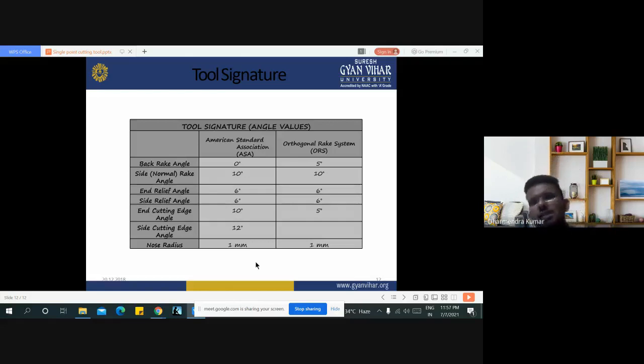Thus, these are the various measurements which we keep in mind while manufacturing the single point cutting tool. Overall, in this video on the single point cutting tool, we have seen the geometry of the single point cutting tool, types of cutting tool, the various planes of the single point cutting tool, and the different types of angles situated on these planes.